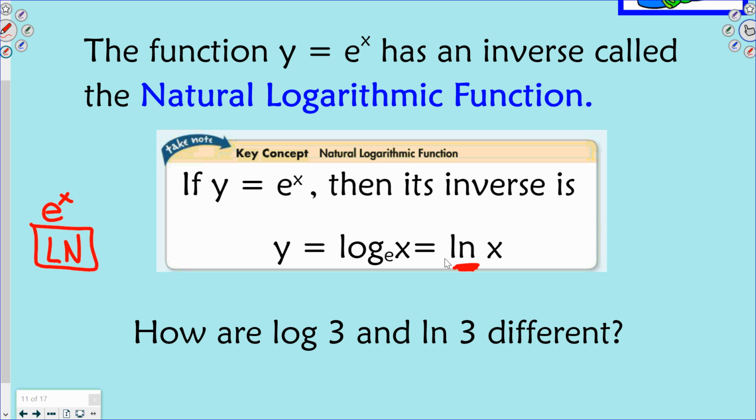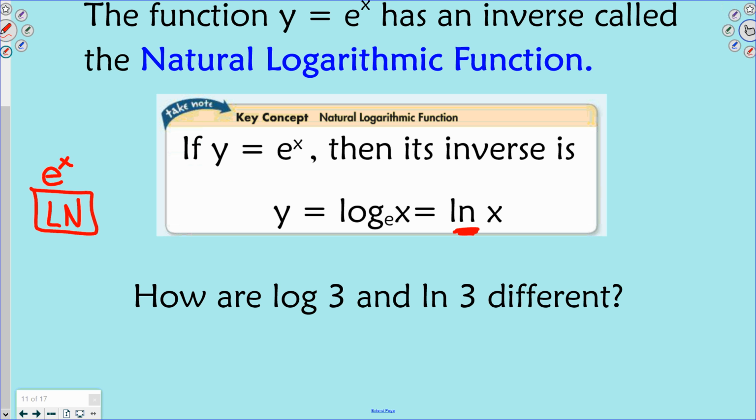So, but are they different? If I did log of 3 and natural log of 3, are they actually different from each other? Grab your calculator. Do me a favor. Type in log 3 and hit equals. So if I just hit log of 3, what base is the calculator doing? Base 10.